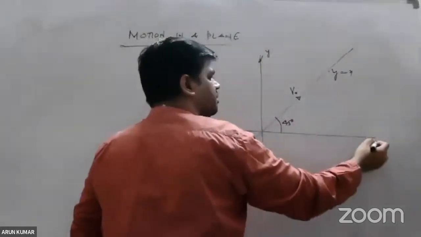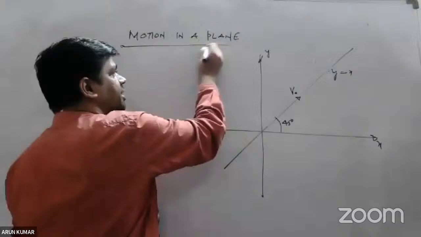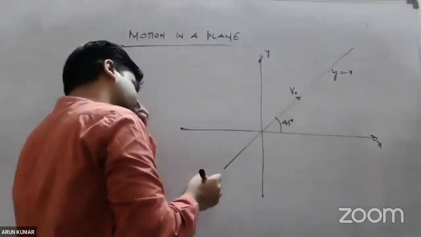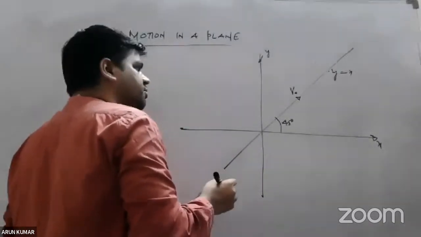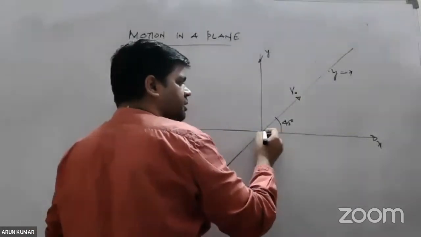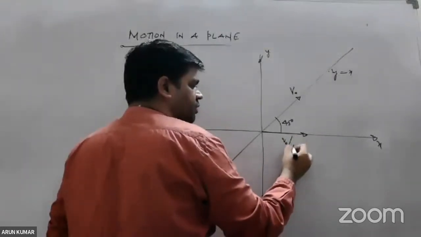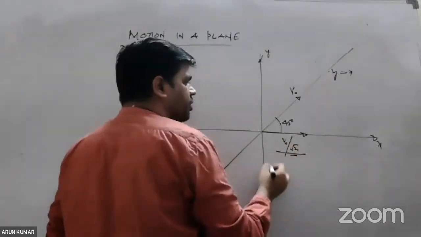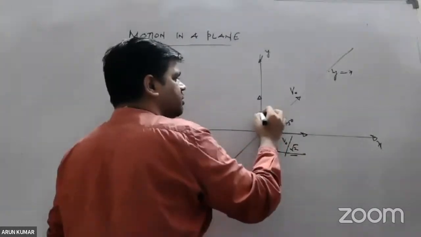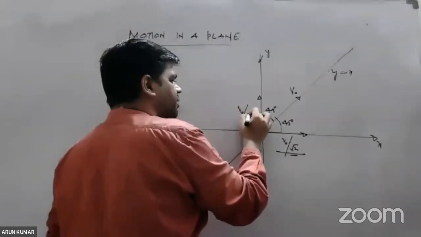This is the xy plane, motion in a plane. So what is the velocity component along the x-axis? V naught cos 45, which is v naught by root 2. What is the component along this axis? V naught cos this angle, which is also 45, so v naught by root 2.